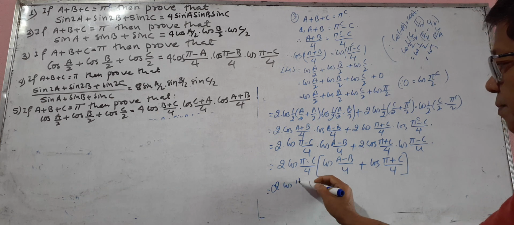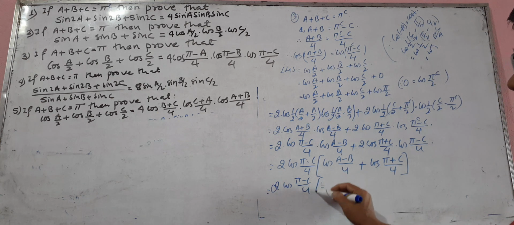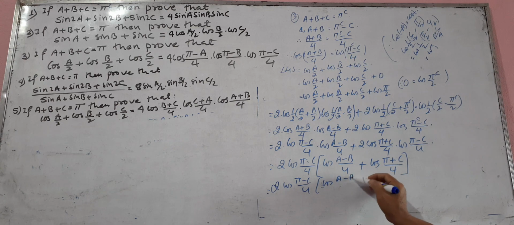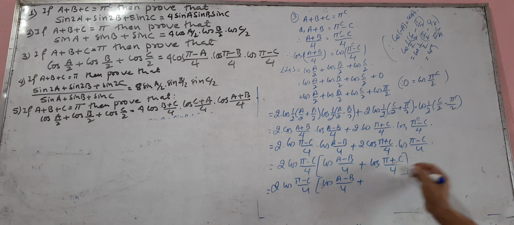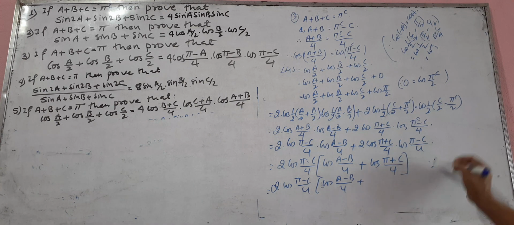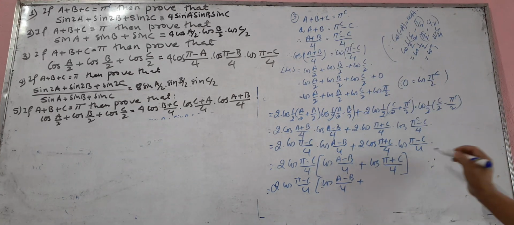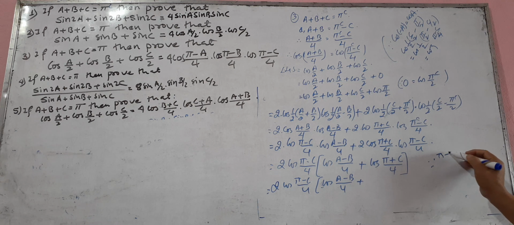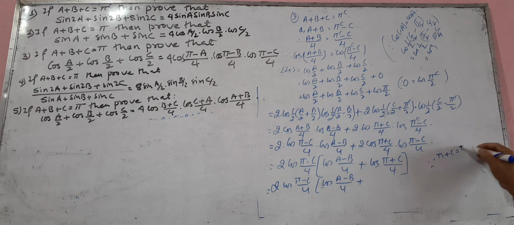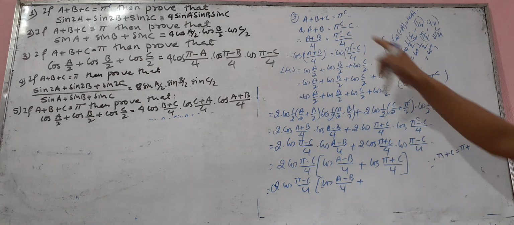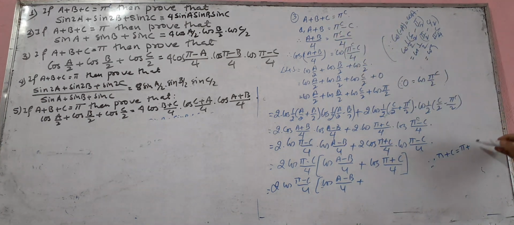2 cos (pi minus c)/4 cos (a minus b)/4 plus, and this c can be written as, look here, a plus b plus c is equal to pi. So pi plus c can be replaced as pi plus, the value of c is pi minus a minus b.